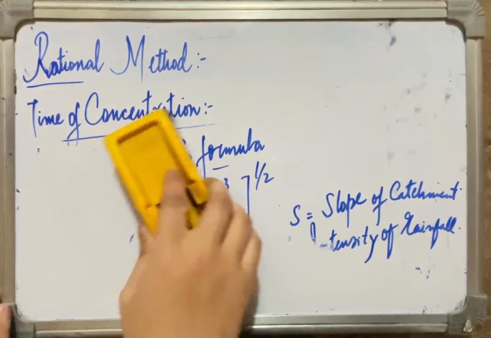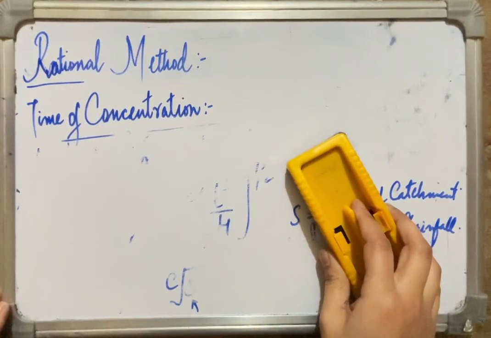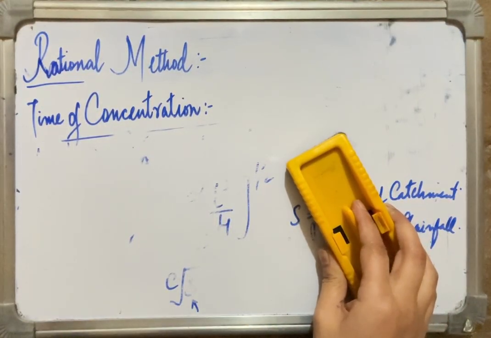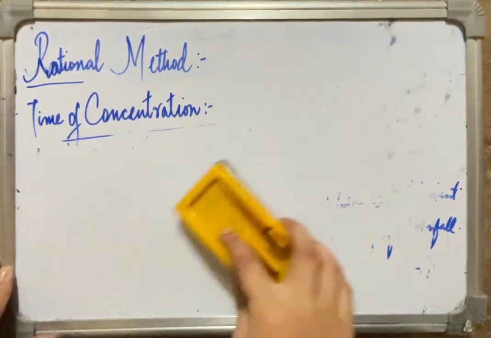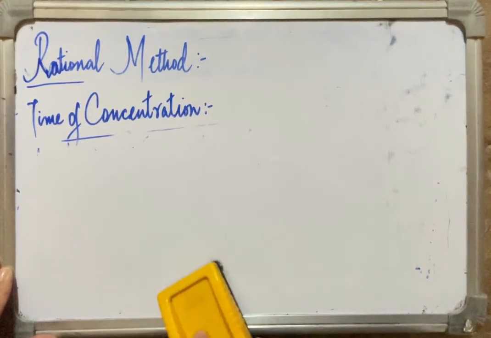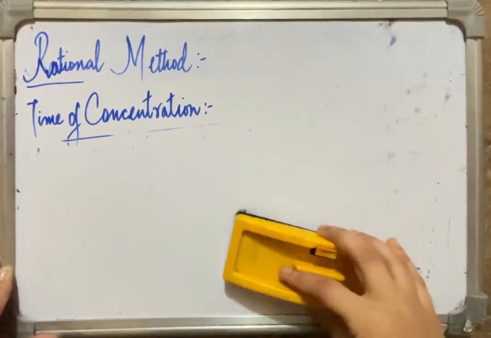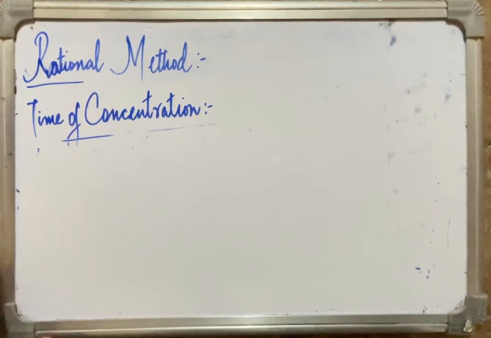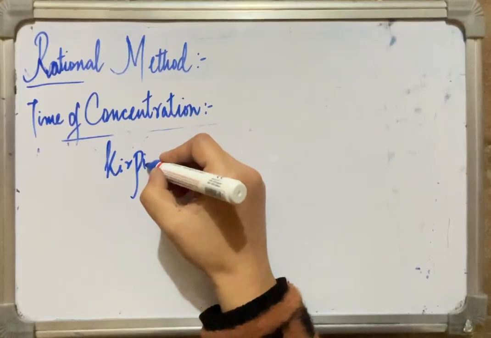It must be noted that most of these concentration time formulas are empirical in nature, and therefore they have somewhat limited application. A well-known formula which relates concentration time to slope and length parameters of a catchment is known as the Kirpich formula.